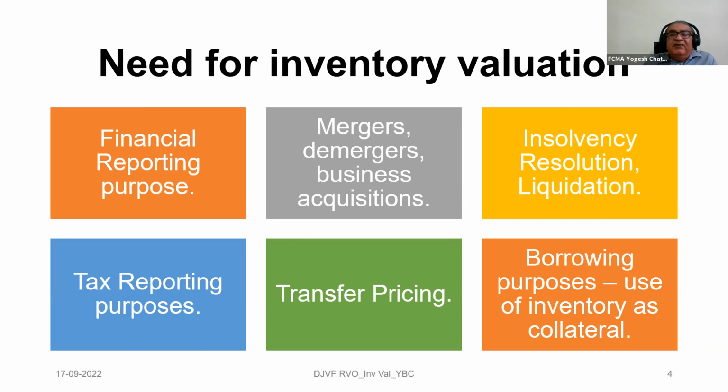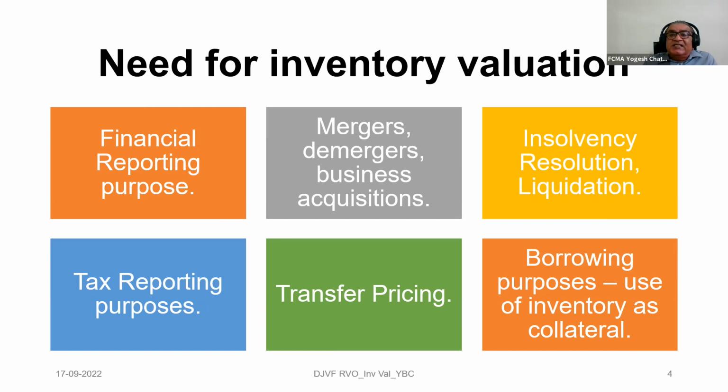Then we have mergers, demergers, and business acquisitions. So there, as we are aware, in purchase price allocation or PPA, we are required to ascertain the fair value of the inventory. So that will be needed. Insolvency resolution and liquidation. So the CIRP process, various processes under IBC and liquidation.